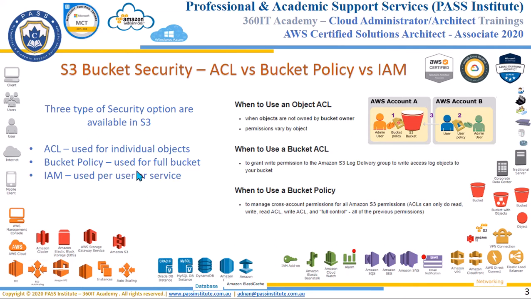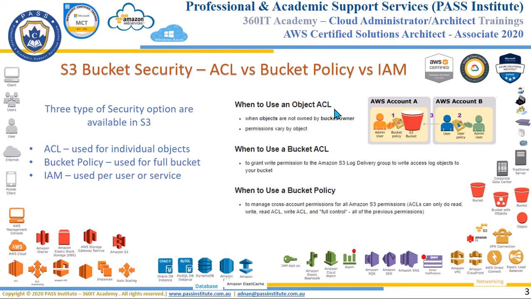It can be applied on a user, on an object, or in many different ways. And then IAM is basically a per user policy, meaning we can apply a policy on a user. So whenever that user is accessing this bucket, those security settings will be applied.